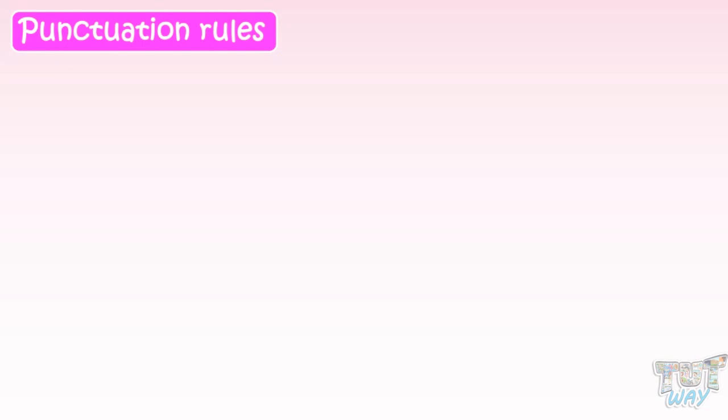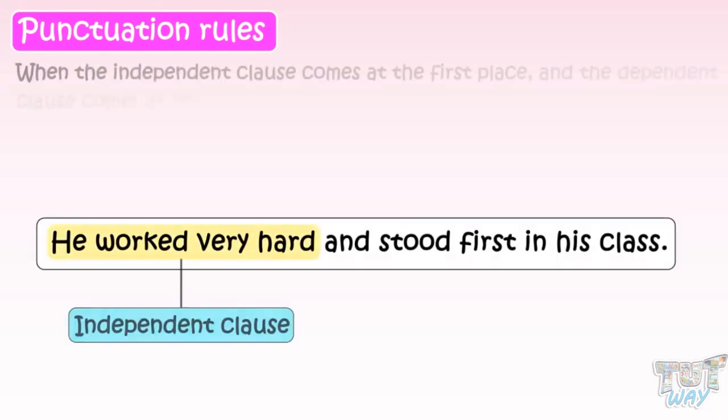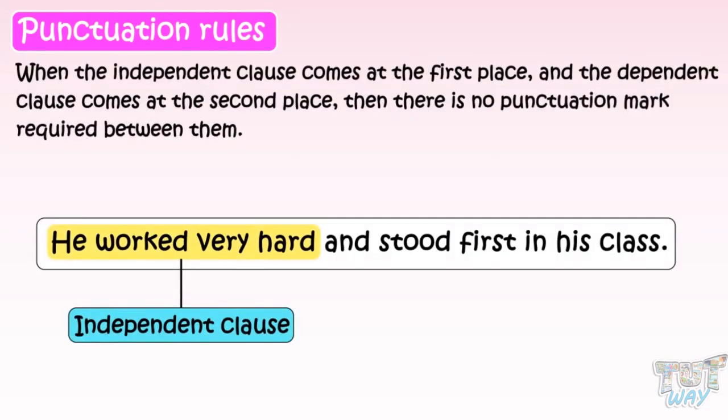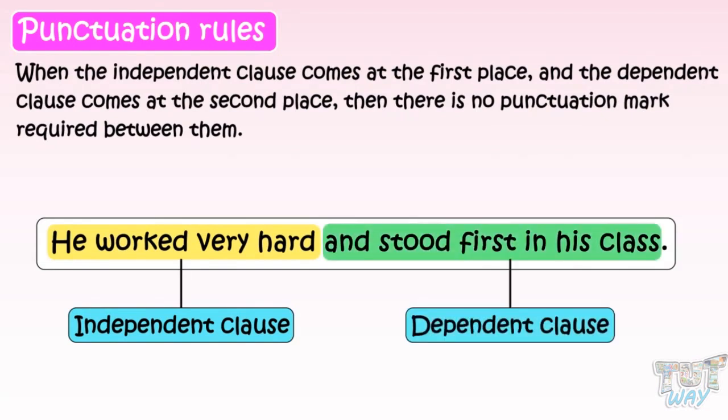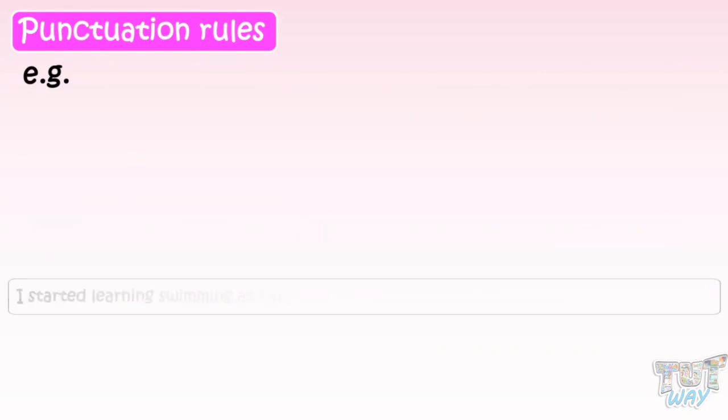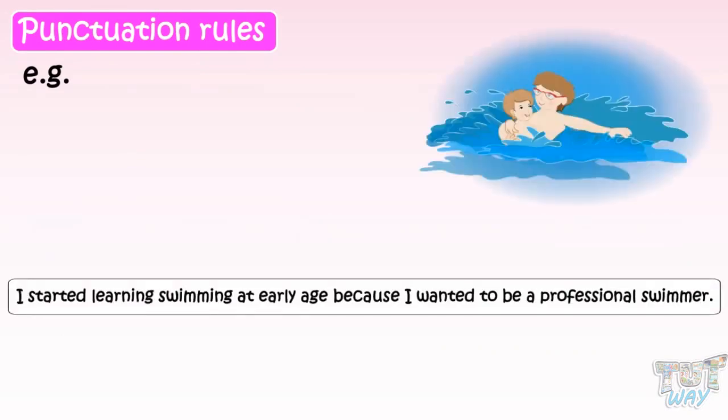The first rule is that when the independent clause comes at the first place and the dependent clause comes at the second place, then there is no punctuation mark required between them. For example, I started learning swimming at early age because I wanted to be a professional swimmer.